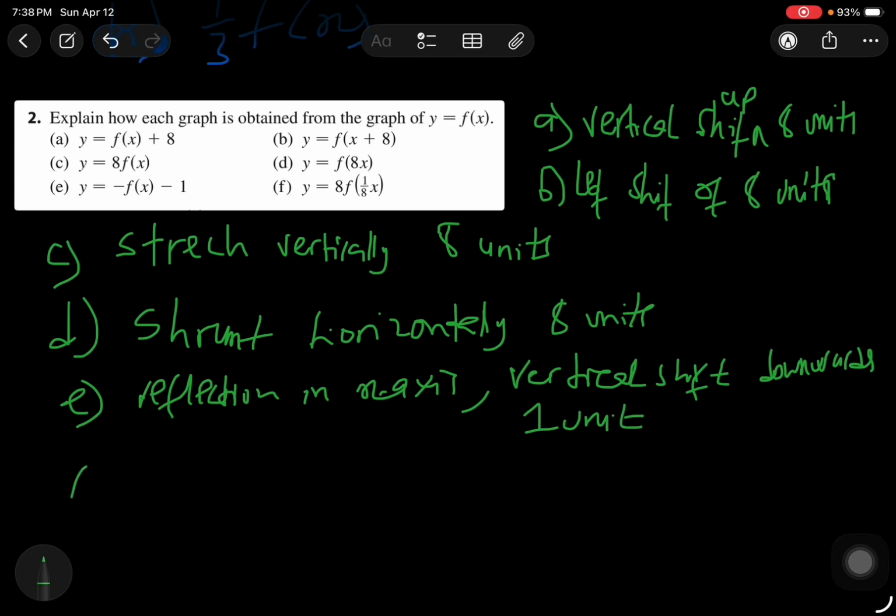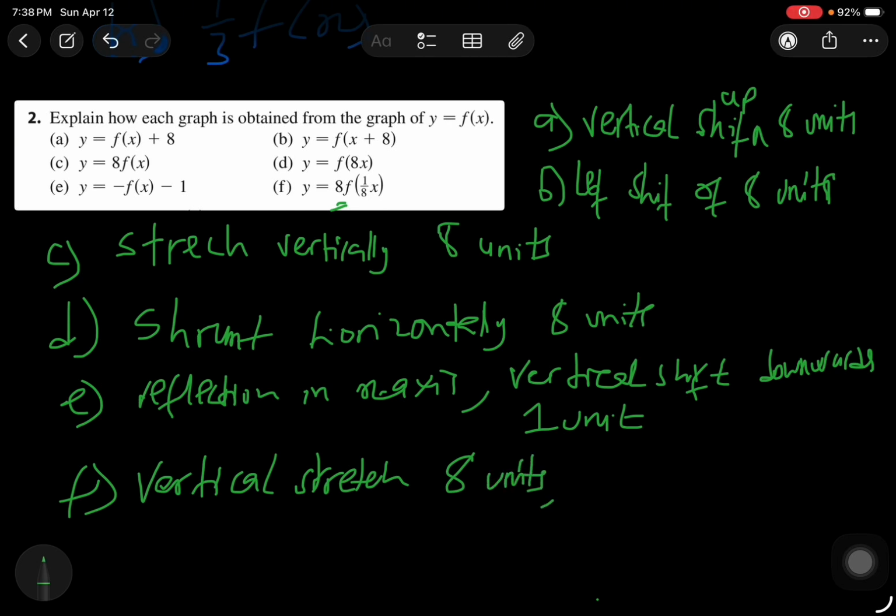Y is 8 f of 1/8 x. The 8 on the outside means that it has been stretched 8 units vertically. So vertical stretch 8 units.